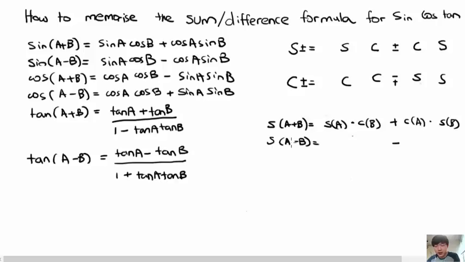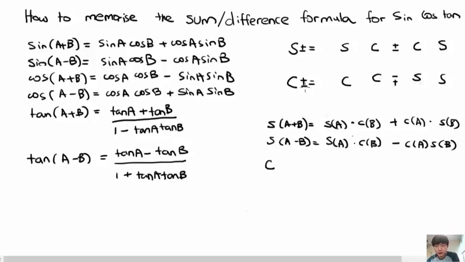So for sine, if it's minus, then it's minus. So it's sine of A, cos of B, and then cos of A, and then sine of B. Understand?